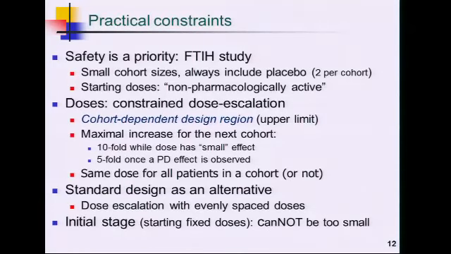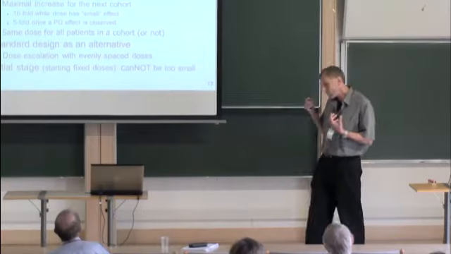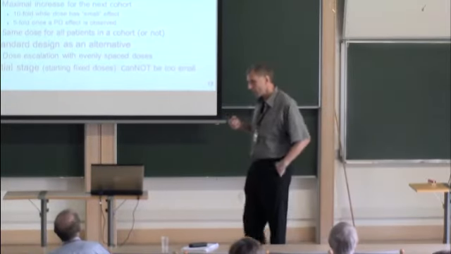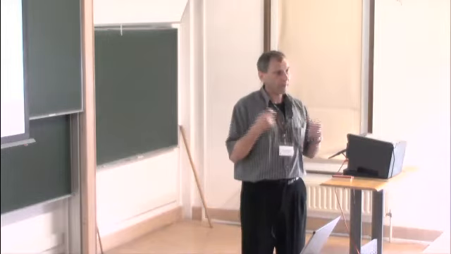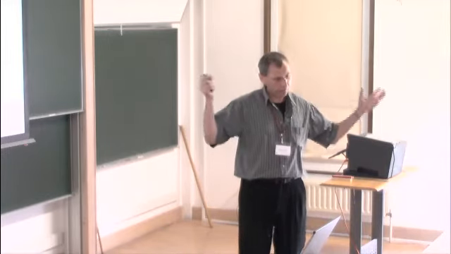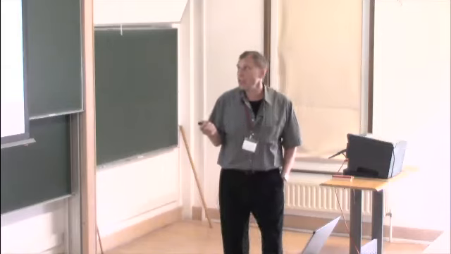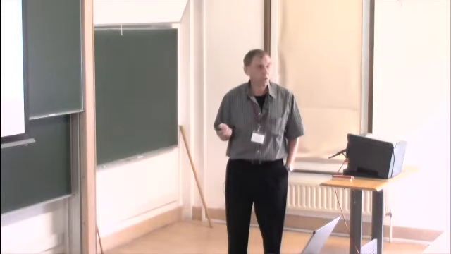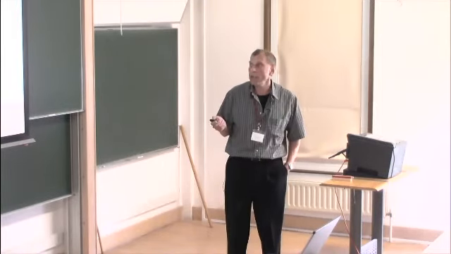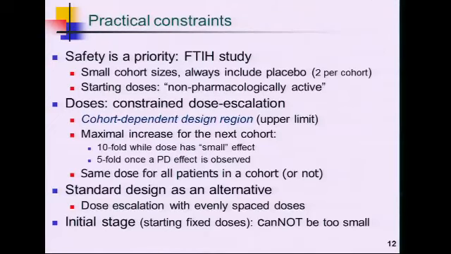We implemented the constrained dose escalation. I just want to mention that very often when we analyze a theoretical problem, we play with some hypothetical design regions. In this case, we definitely have a restriction on our design region. We cannot jump too far from the beginning because we have to start very, very slow, and our design region was cohort dependent.